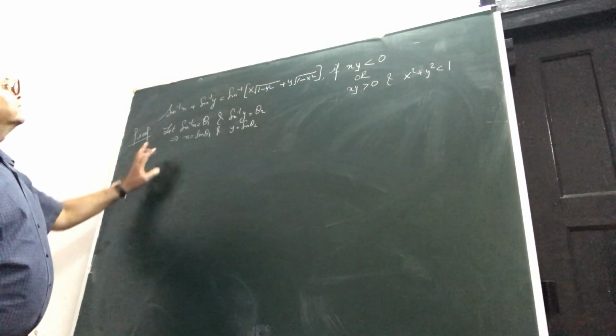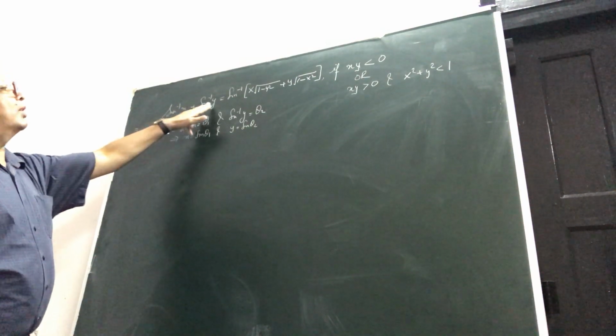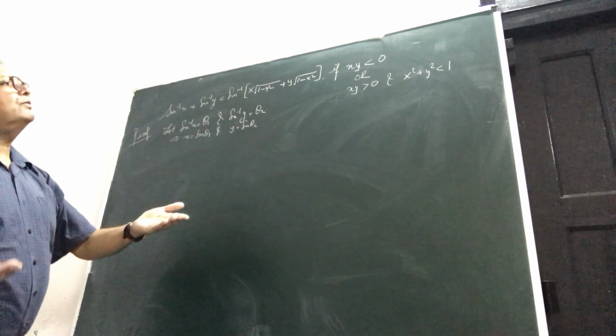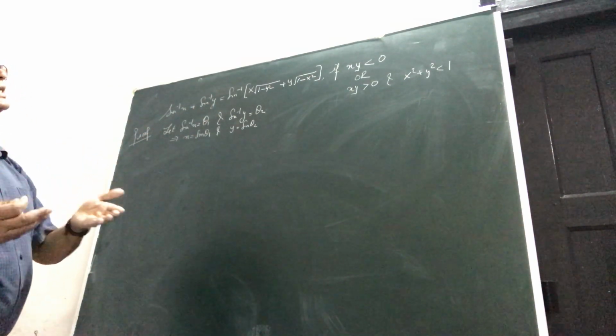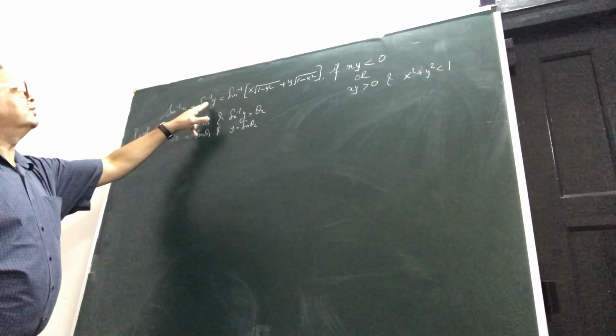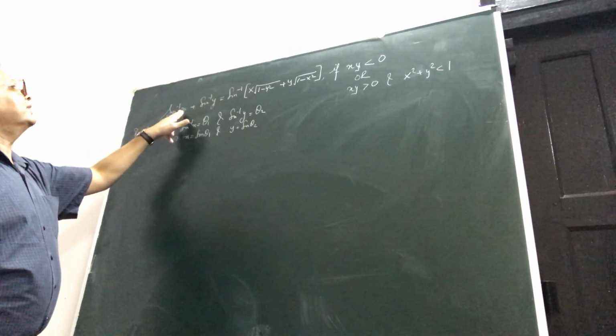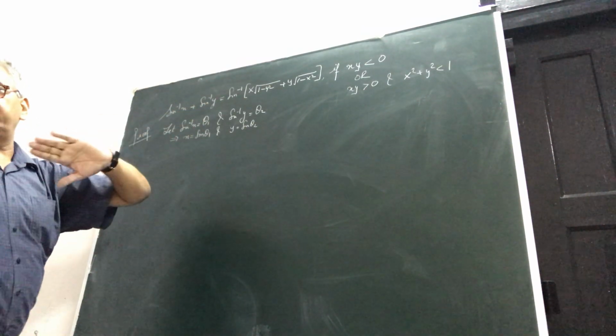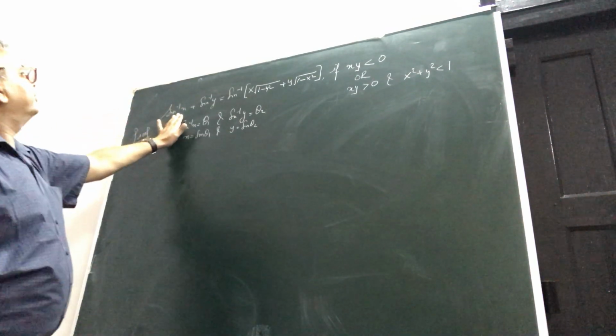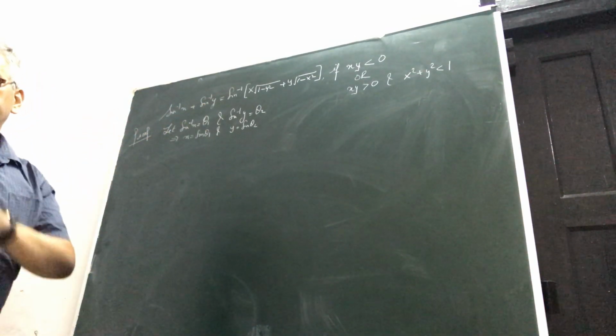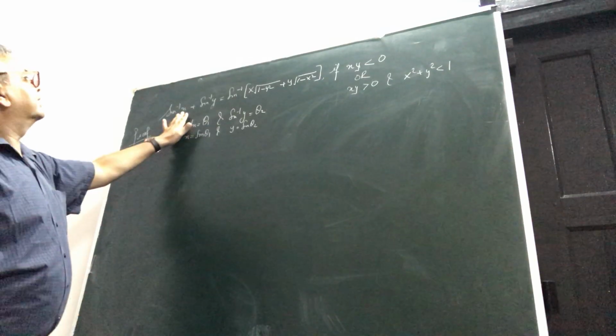One thing is obvious: the modulus of x and y will be less than 1. Their modulus value ought to be less than 1. Then only sin inverse x and sin inverse y will be within their principal branches.